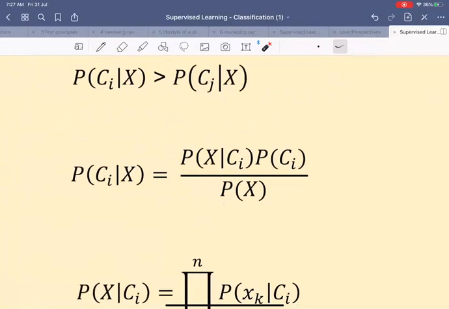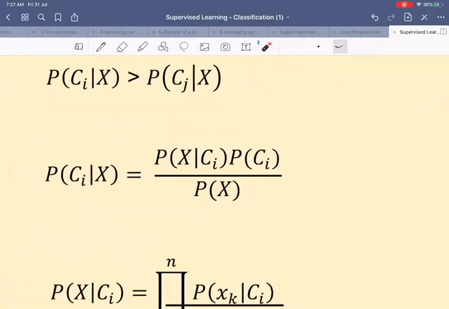Let's read this once more. What is the probability that this data belongs to a particular class? Bayesian theorem says that it is equal to the probability of that data given that we know the class, multiplied by the probability of the class, divided by the probability of the sample.